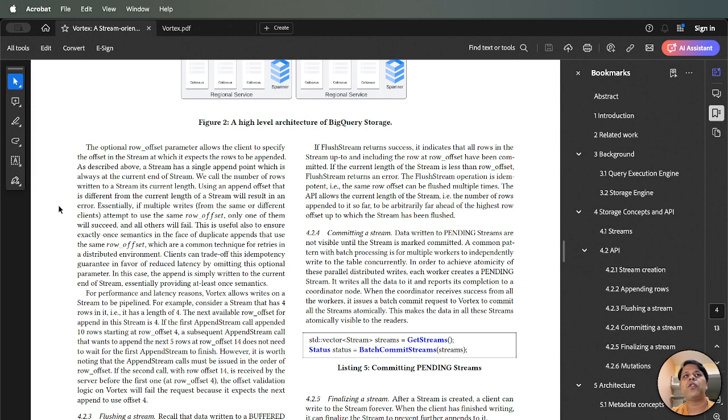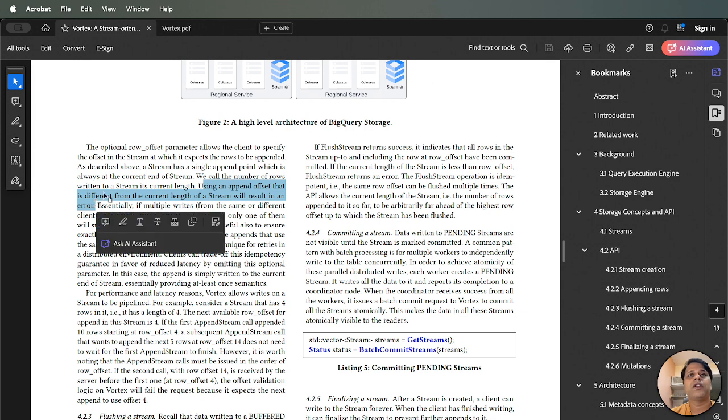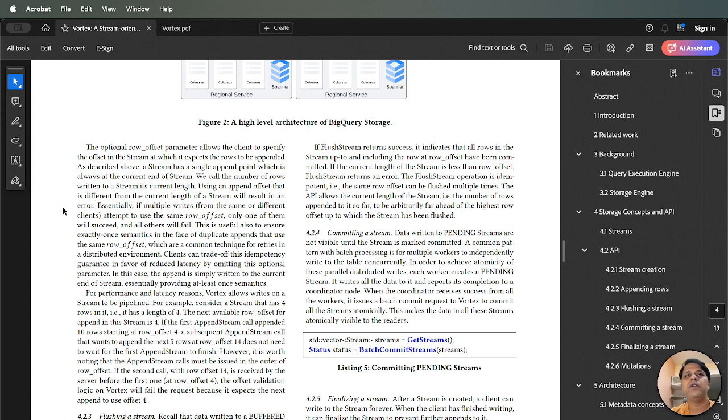The number of rows already written in the stream is the current length, and based on that your offset is determined. Using an append offset that is different from the current length of the stream will result in an error. The total number of rows in the stream is used as the offset.